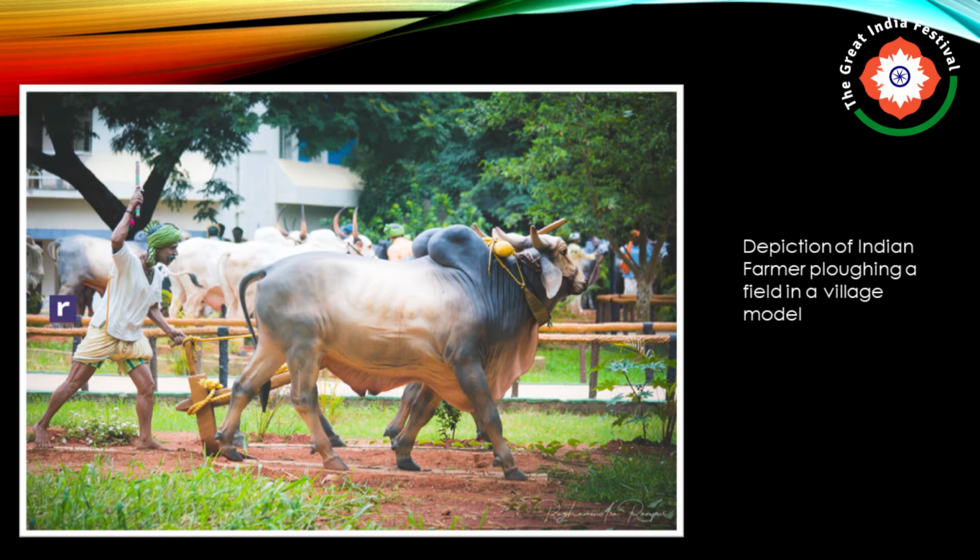There could be places where it is still being done in India and some other countries as well, but this actually shows the way the Indian farmer was plowing the field.